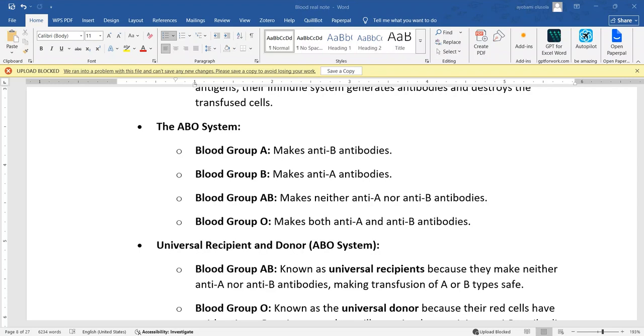Now if they say somebody has blood group A, that means that person has antigen A and antibody B. Let me explain.